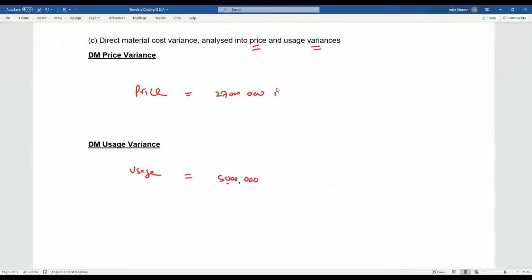I think this is adverse, this is favorable. So if you compare these two, that will be 22 million adverse variance. Our cost variance should be 22 million adverse.